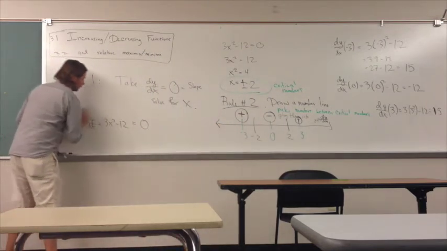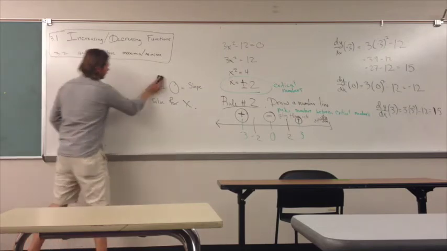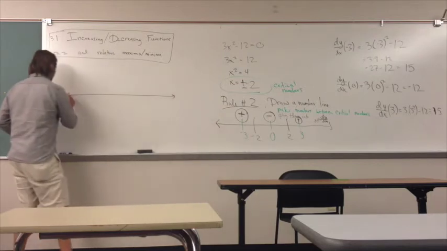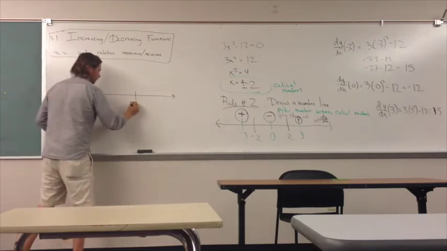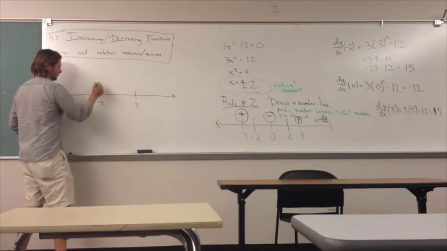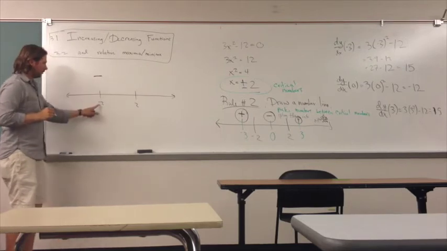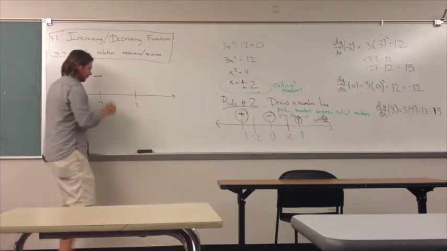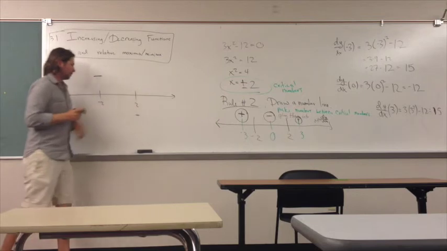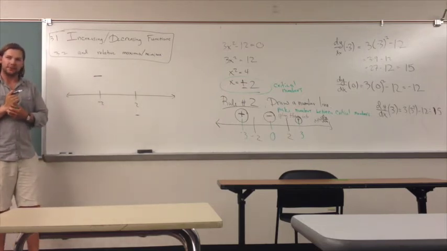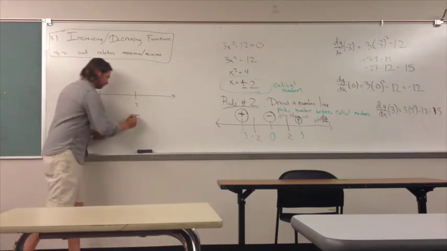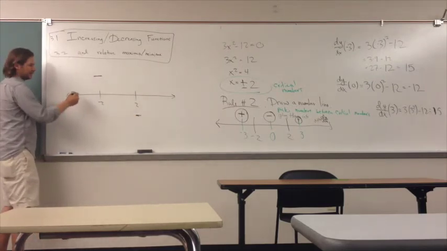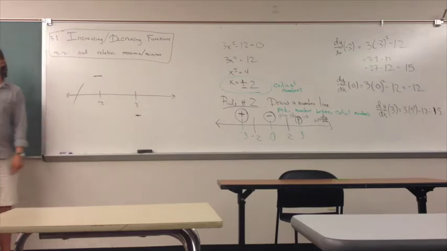So, what we've just found out from rule 1, rule 2, is that rule 1 told us that at negative 2, my graph looks like a flat line somewhere. And I'm going to say at positive 2, my graph looks like a flat line. Over here, the slope is positive, so it must look something like that.